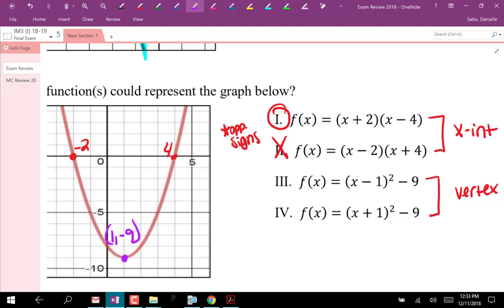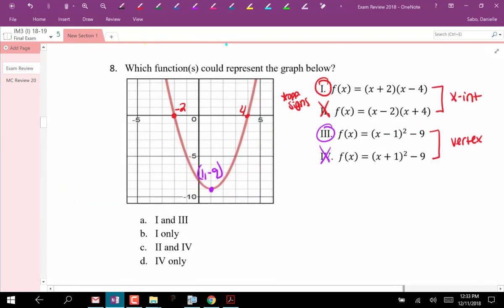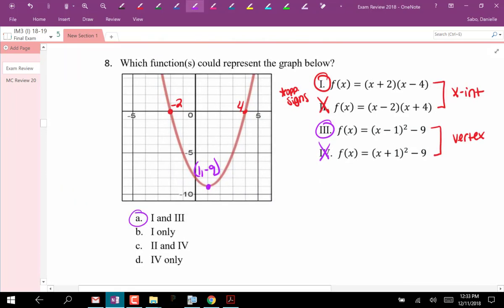So which one is it, 3 or 4? 3. This one is gone. So then, when you look at your multiple choice answers, which one are you going to go with? A. Okay? Because those were the two that worked out. Does that make sense? Okay, so the big things are the vertex and the x-intercepts, and that's it.